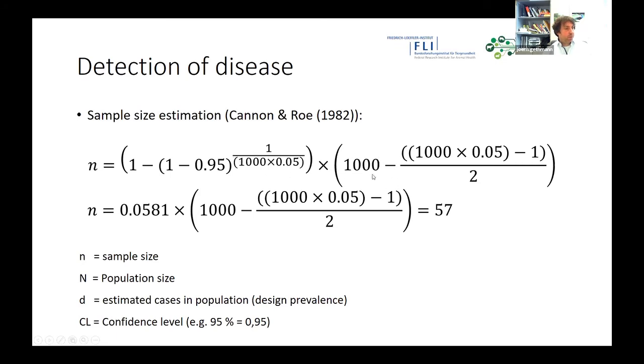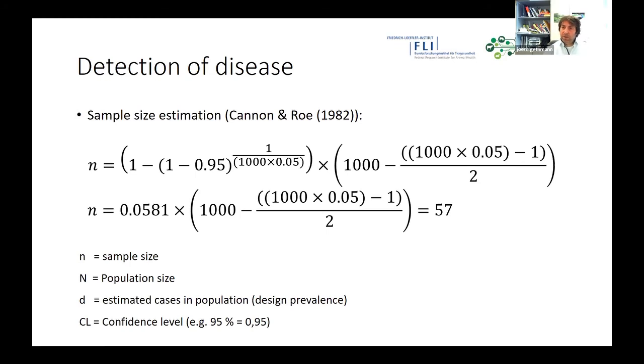Then we have our population as 1,000, and if you calculate it, you come to a sample size of 57, and this can easily be done in Excel, and you can easily change the confidence level. This is for the detection of disease.